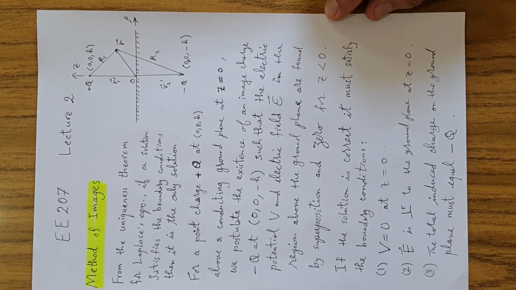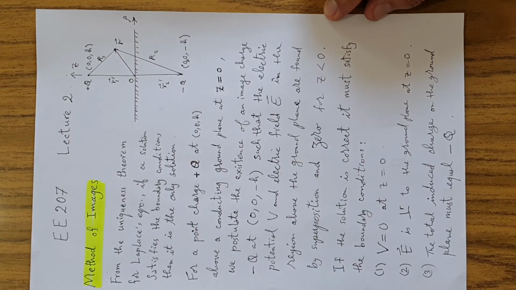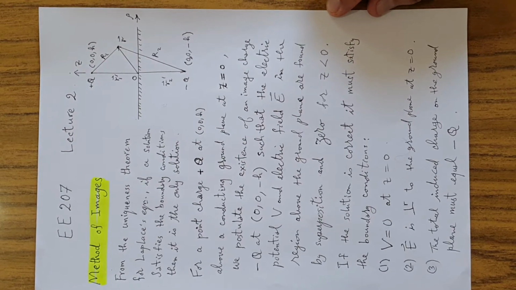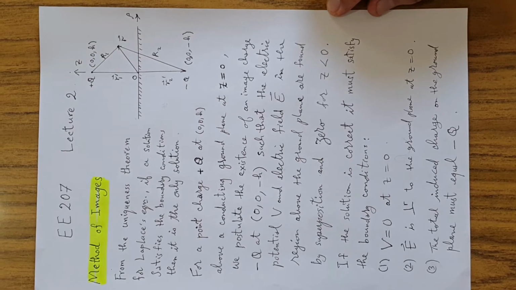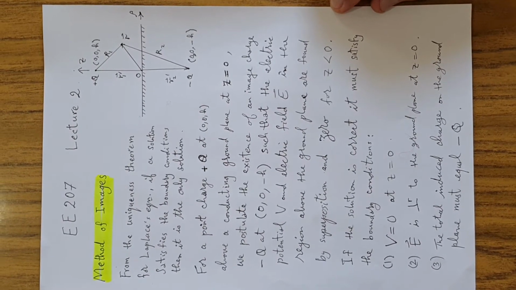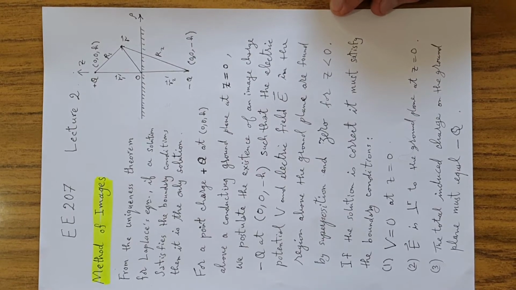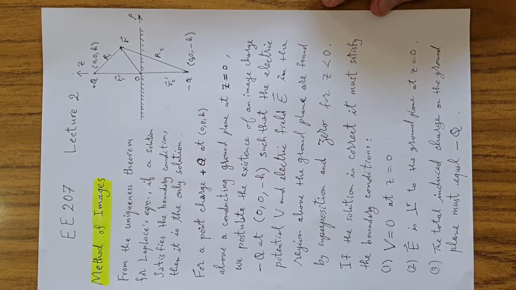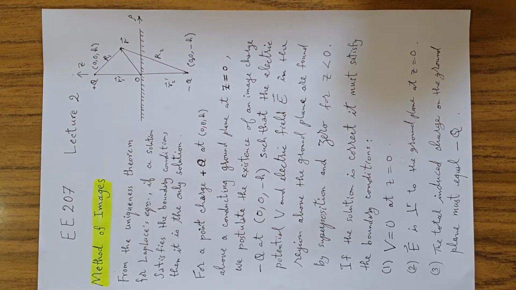So for a point charge plus q at (0, 0, h), above a conducting ground plane at z equals 0, we postulate the existence of an image charge minus q at (0, 0, -h), such that the electric potential V and electric field E in the region above the ground plane are found by superposition.